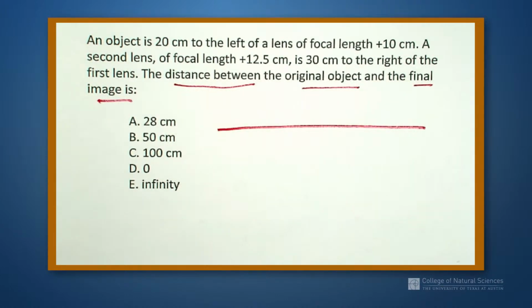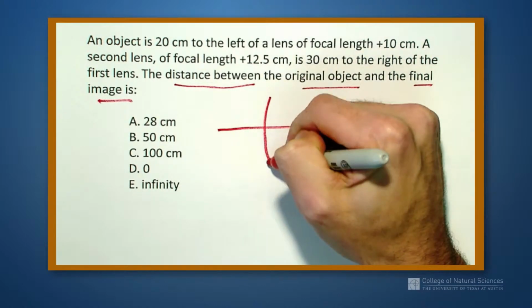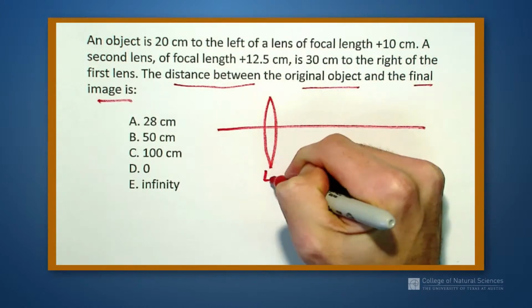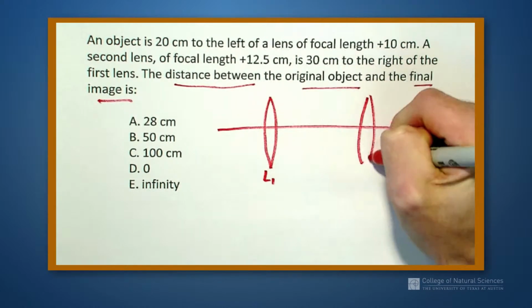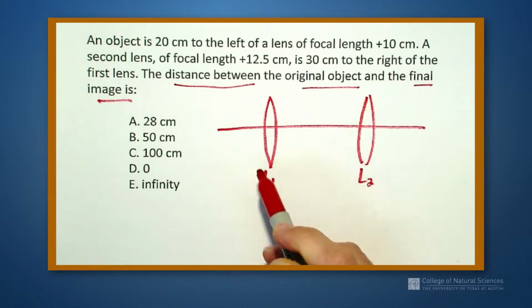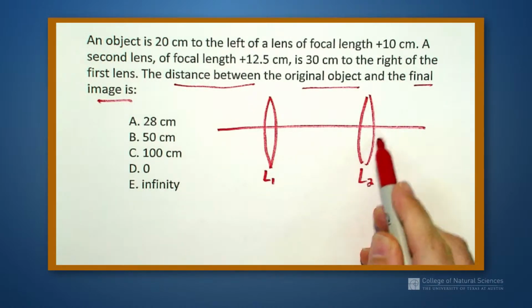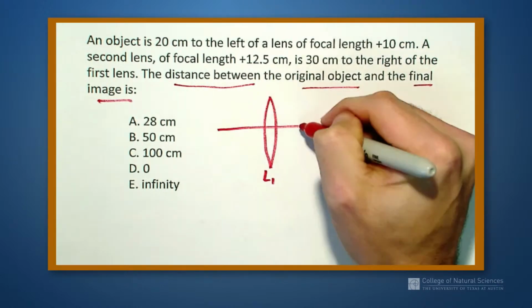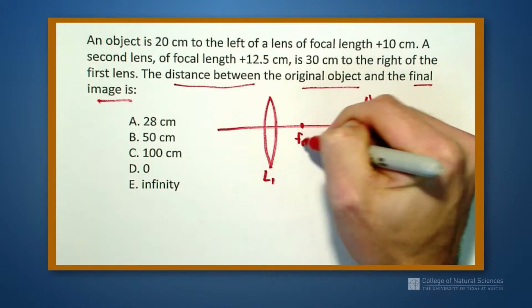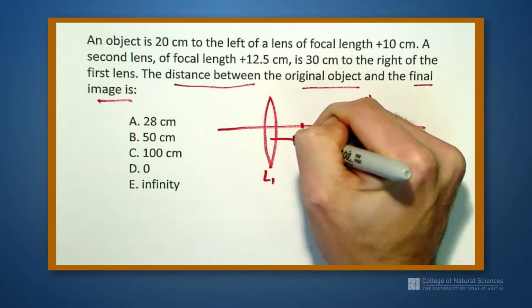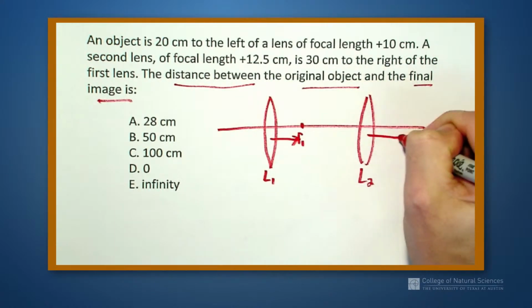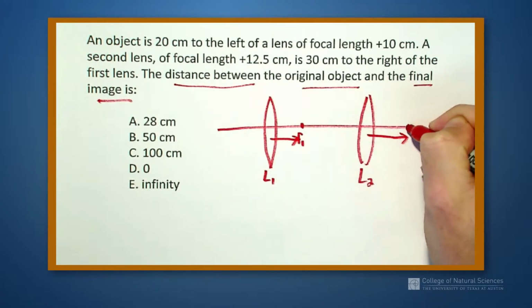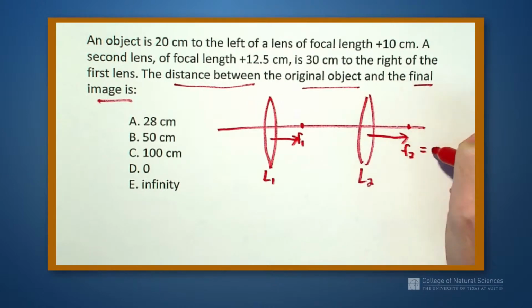So I'm going to draw this out and try to label everything. This is going to be lens 1 and this is lens 2. I drew them as both converging lenses because I have positive 10 and positive 12.5. So positive 10, focal length 1, which is measured in this direction, and focal length 2 are the corresponding values.